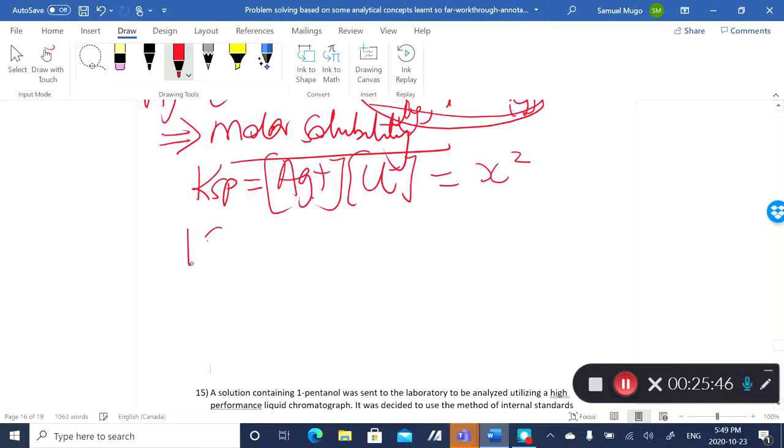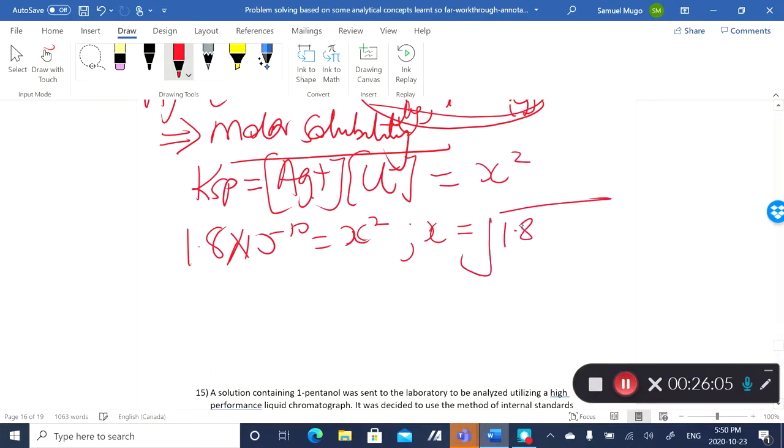So when you calculate it, you're going to see 1.8 times 10 to the power negative 10 is the Ksp, and you're calculating the x squared, and you're going to see the x is equal to the root of 1.8 times 10 to the power negative 10, and this gives you 1.34 times 10 to the power minus 5 molar concentration.